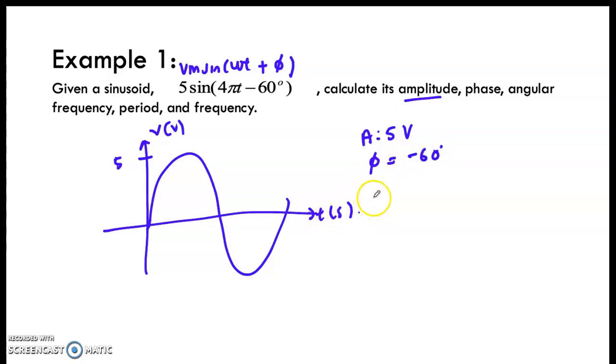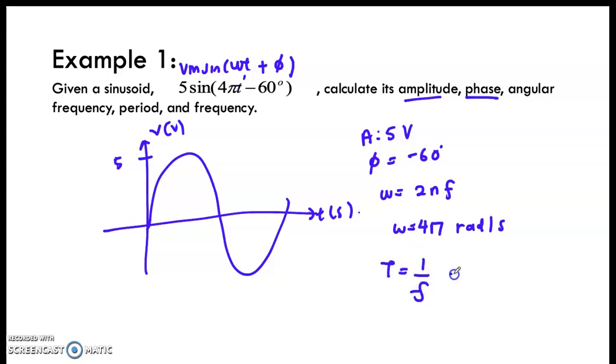How about the angular frequency? Omega is equal to 2 pi f. From here, omega is equal to 4 pi. The unit is radian per second. And what is the period? T is equal to 1 over f, equal to 2 pi over omega.